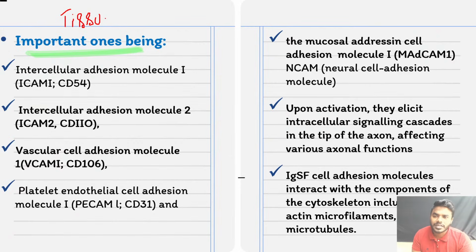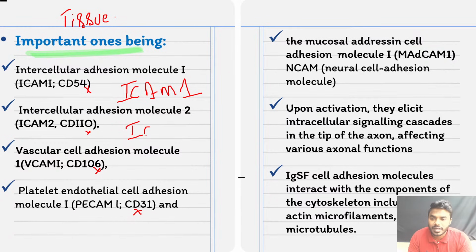You need not remember the CD molecules, don't worry at all, just remember whatever I am saying. There are many types of CAM molecules. So listen to me: intercellular adhesion molecule 1, ICAM1, intercellular adhesion molecule 2, ICAM2, then VCAM1, vascular cell adhesion molecule.